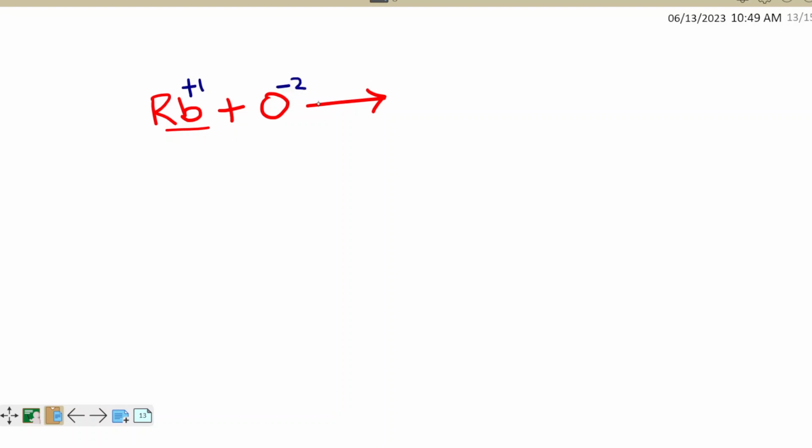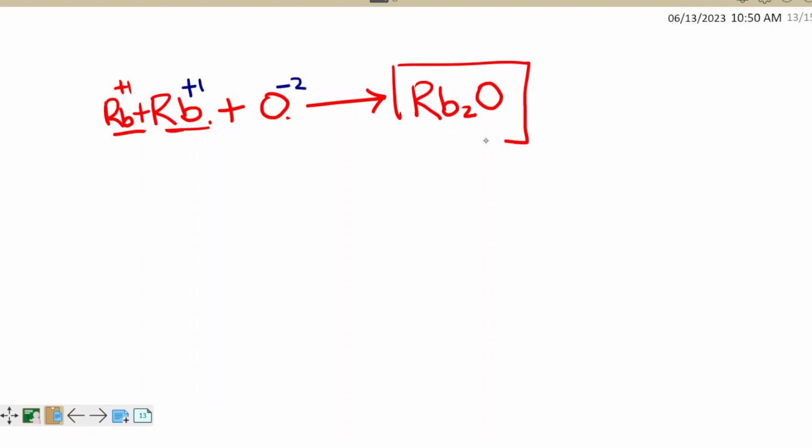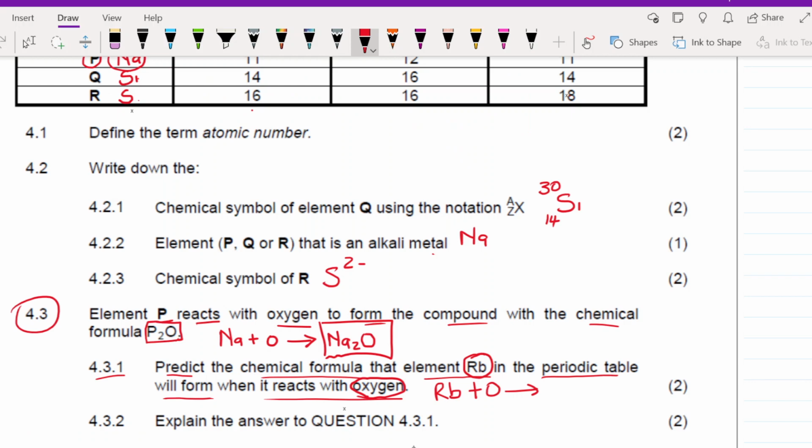So it's easy now, you know that we're going to take the 2, put it here, take the 1, put it there. So you're going to have Rb2O1. So it means that you need 2 rubidiums to react with the oxygen. So this is the reaction that will be formed when Rb reacts with oxygen. It's going to form Rb2O. That is the answer.